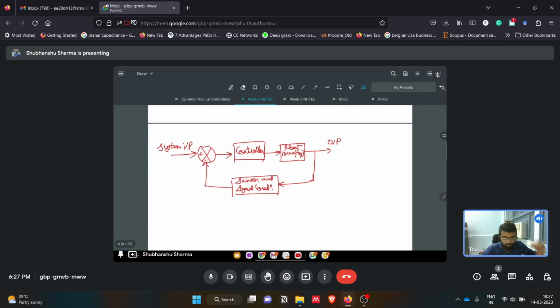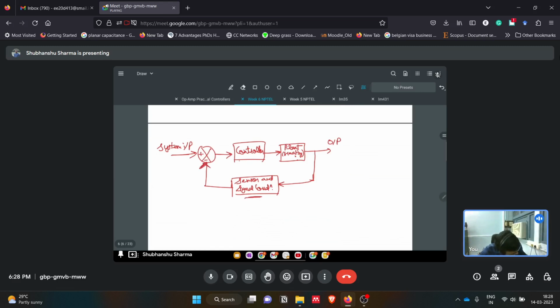But we'll see how we can realize each and every box using opamps, that means we are realizing this using hardware circuitry. Before that, we will also see why these blocks are important, why the signal conditioning is there, why the summer is there.